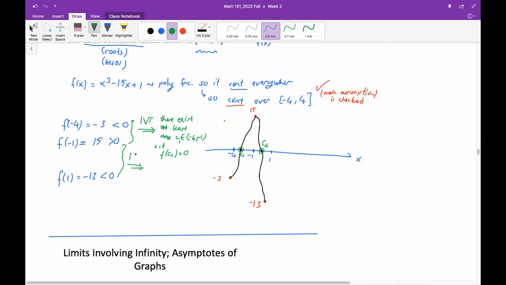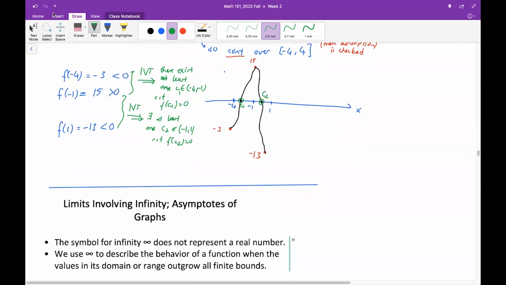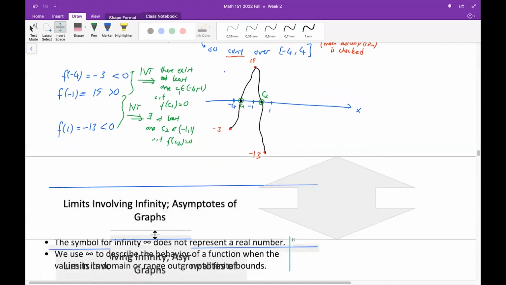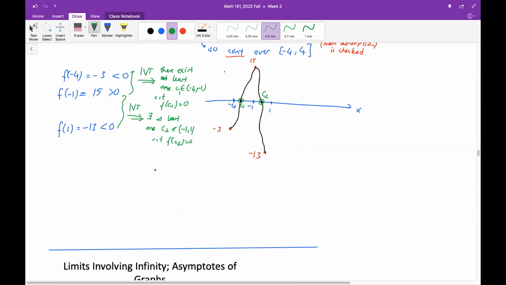Then by IVT again, there exists at least one number C2 between -1 and 1 such that f(C2) is 0. This is the second root.